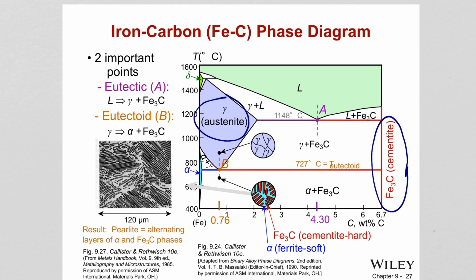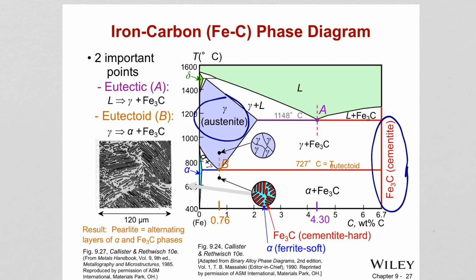Gamma is austenite, and there is also one eutectoid reaction at point B, where we go from solid austenite, upon cooling, to form alpha solid plus cementite. So from one solid we form two solids, so it's called eutectoid.